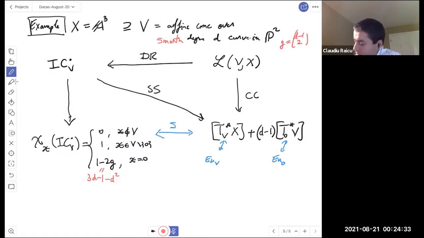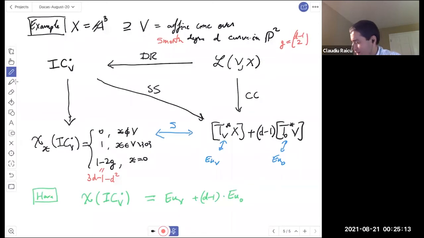And really what the commutativity of the diagram is saying is that if I take the local intersection cohomology stalk function, then that's supposed to be exactly the Euler obstruction of V plus d minus 1 times the Euler obstruction of V. So V is two-dimensional, so that's why I don't have any signs.